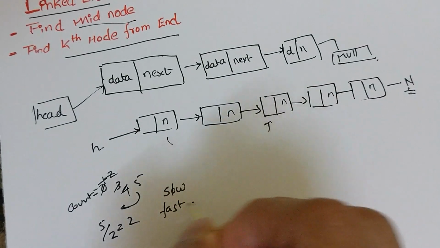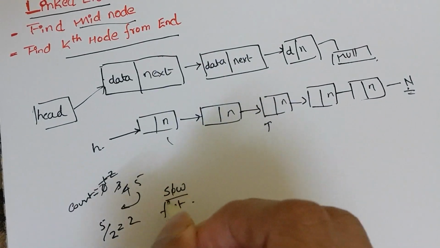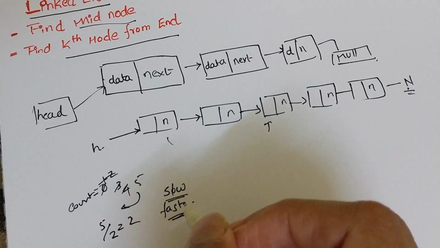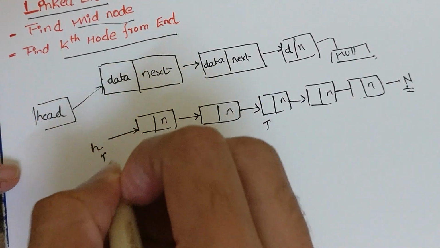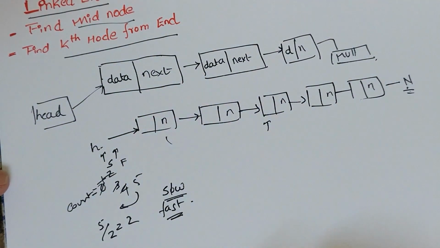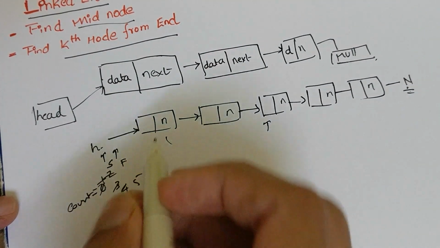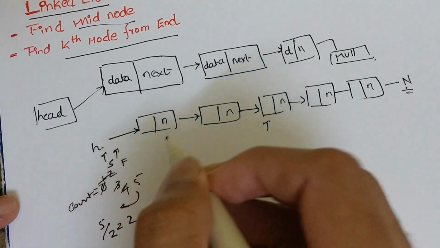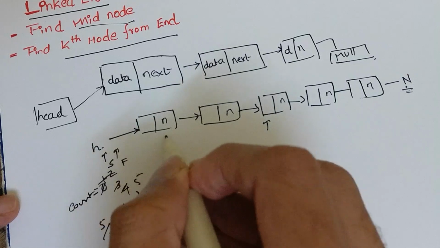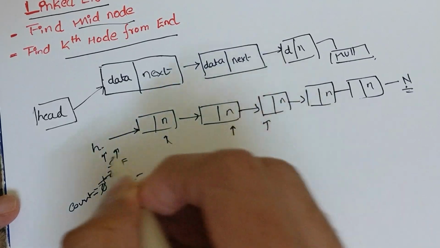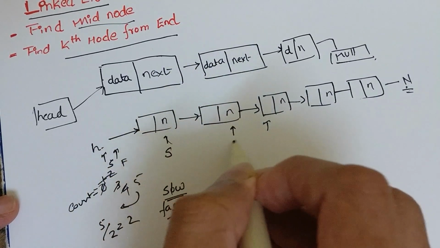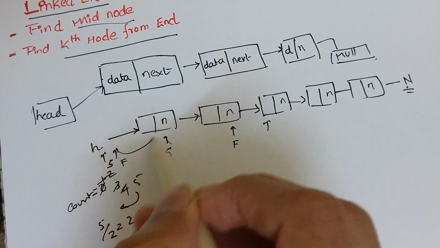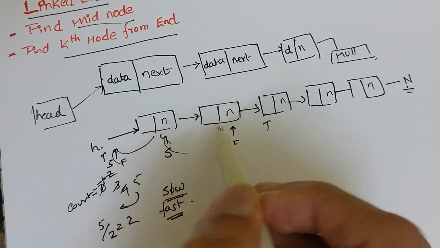For every 2 steps that the fast pointer takes, I'll move the slow pointer 1 step. I'll have slow and fast both pointing to the head, and I'll move fast by 2 steps. Fast moves here, and slow moves 1 step. This moved 1 step, whereas this moved 2 steps.